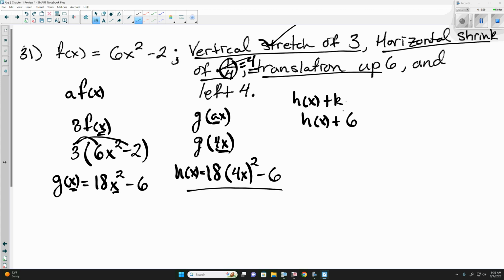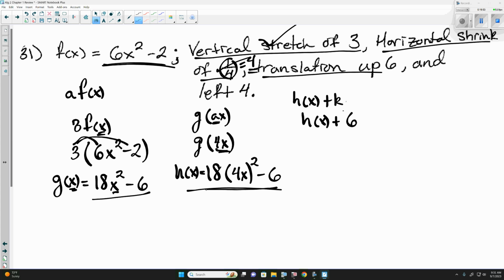Because we want to know which one we're talking about. Which one did we apply it to? Because using just f, I try to stay away from it because we will think we're continuously applying it to the beginning. Well, no, we apply the vertical stretch, then we apply a horizontal shrink to it. Now, the one we applied the horizontal shrink to, we're going to translate 6 units up.